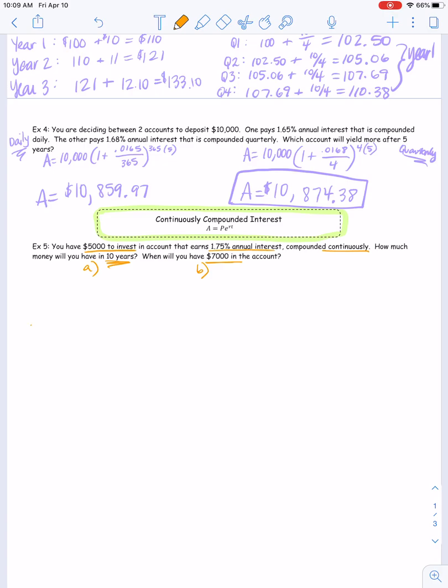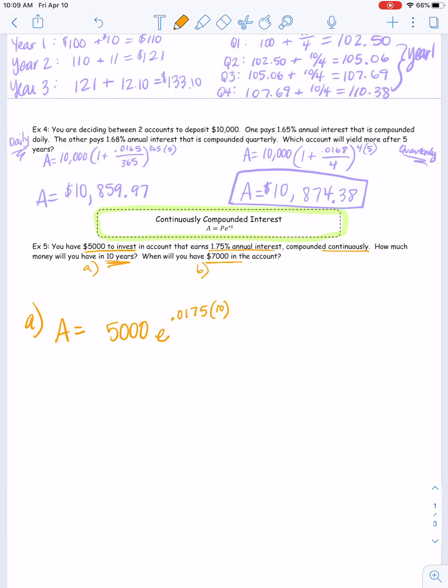All right, well, let's write it out. Our final amount is going to be our principal, so $5,000, times e to the rt power. So our r is 0.0175 times t. Well, in this case, t is 10. Okay, so I can plug that into my calculator because remember, e is a number.